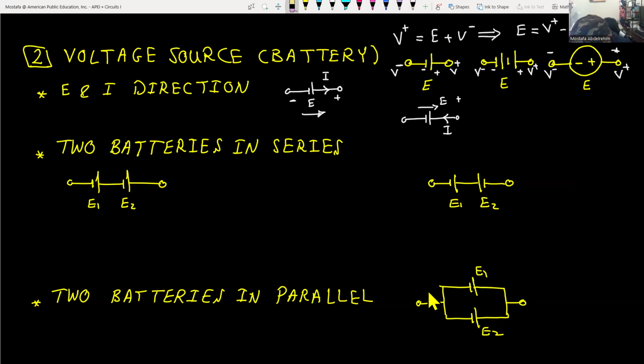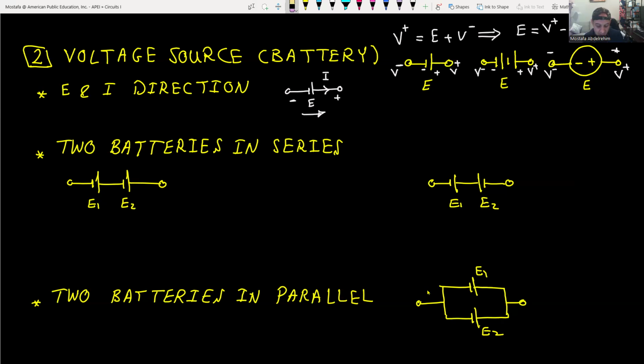I'm not even going to mention it, but you might find it in one of the problems, especially if you have two batteries at the same time in the same circuit. But normally, 99% of the cases, if you assume the current in the same direction as the battery, from negative to positive, you're going to find the current positive just as the battery voltage.